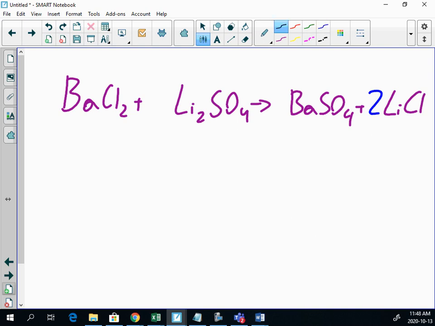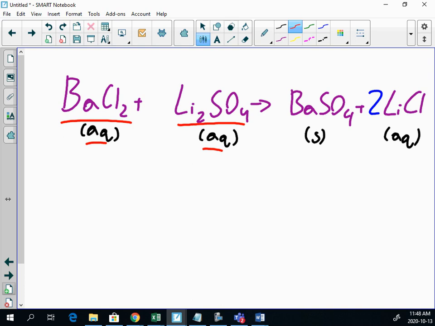If I note that this was dissolved in water, this was dissolved in water, this became a solid, and this stayed dissolved in water, then I can read off my description and it makes perfect sense. It says a solution of barium chloride is mixed with a solution of lithium sulfate, and a solid precipitate of barium sulfate forms, which means that unmentioned lithium chloride stays back.